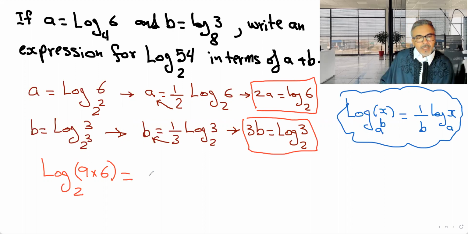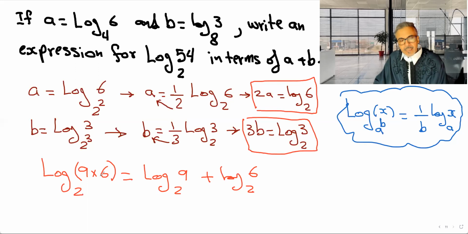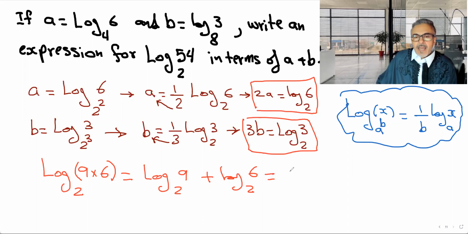So what we'll do here, we go log base 2 of 9 plus log base 2 of 6. This is multiplying. The log rules tell you if two things are multiplied, you could expand them and change them to log base 2 of 9 plus log base 2 of 6. The next thing, I'm going to make the 9 into 3 squared, plus, I already know what log base 2 of 6 is.